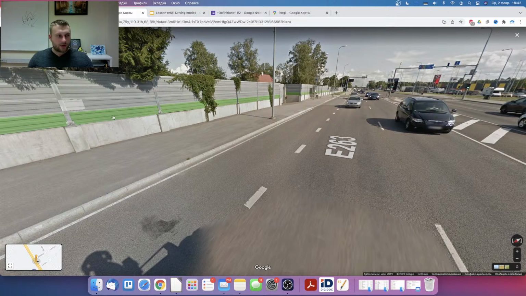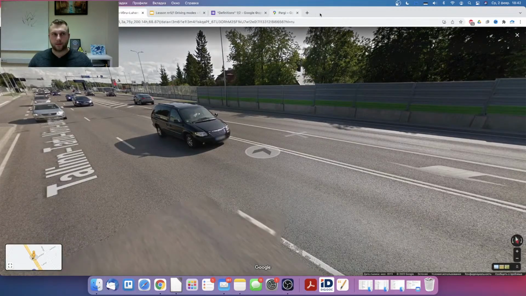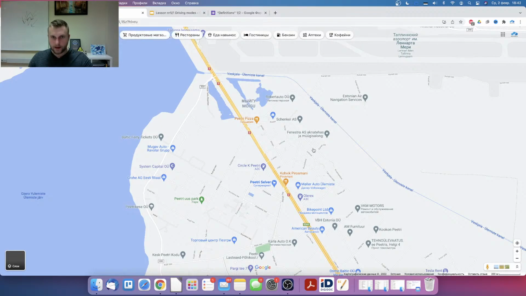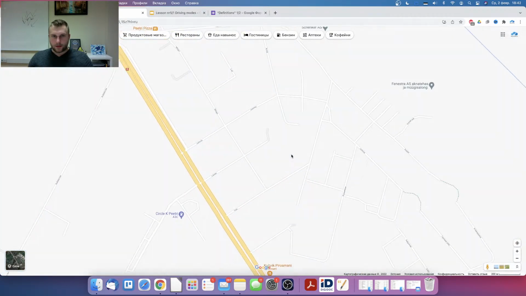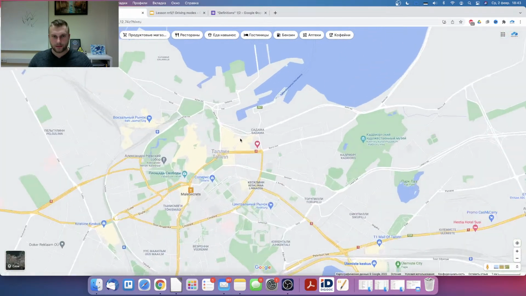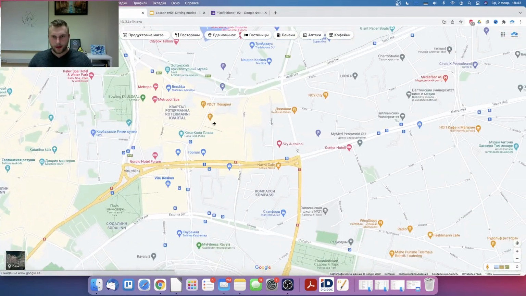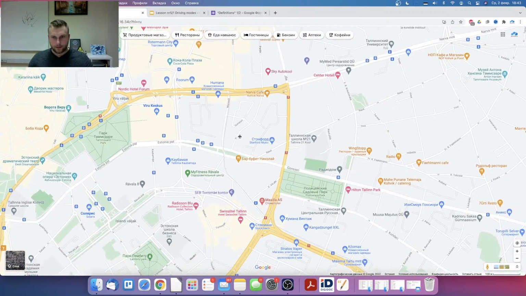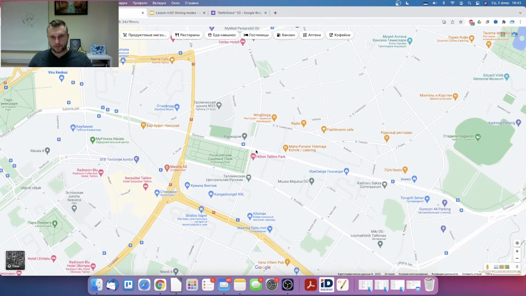From the previous homework lessons, maybe you remember what exactly this variable direction traffic means. Let's check it. We need to go to the city center here. Yeah, this one.